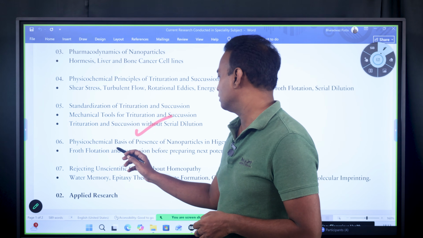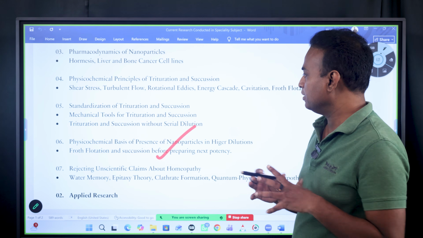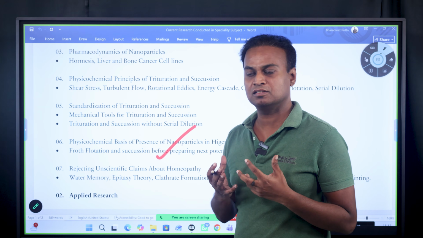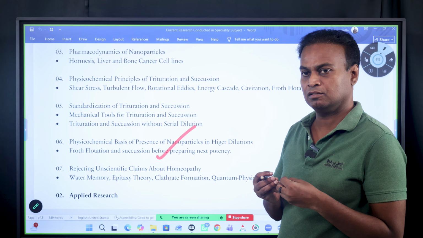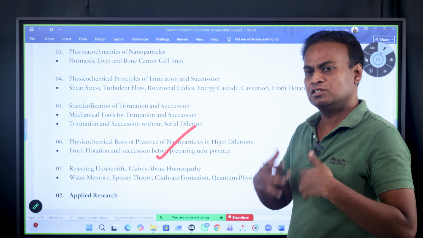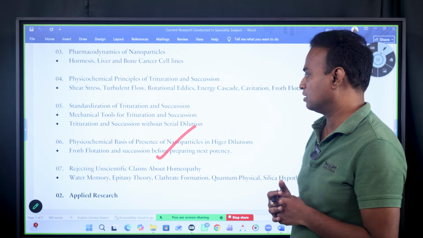Next one, physicochemical basis for presence of nanoparticles in higher dilution. Why, even though homeopathic medicines are highly diluted, do we have nanoparticles? If they are so much diluted, why are we still seeing the nanoparticles? That is the question scientists are addressing.